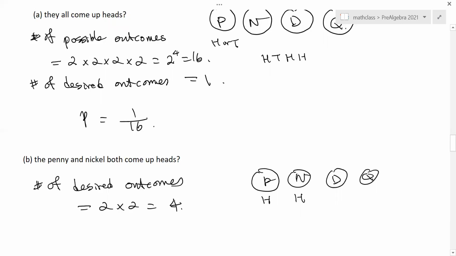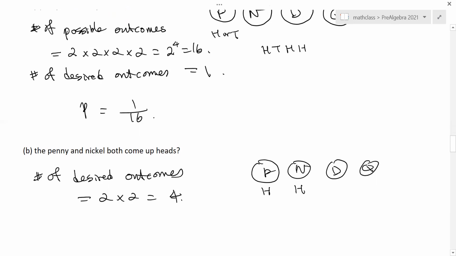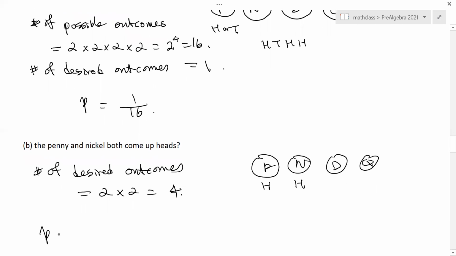The penny and nickel are already fixed. There's no freedom, they just come up heads. So the probability in this case is 4 over 2 to the 4th power, that is 4 over 16, and that's 1 over 4.